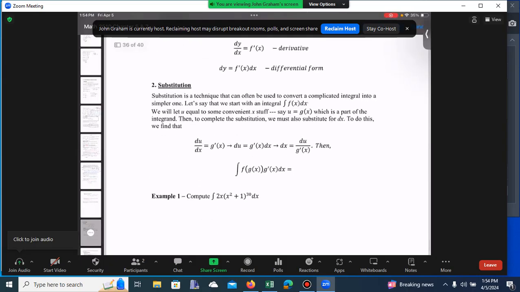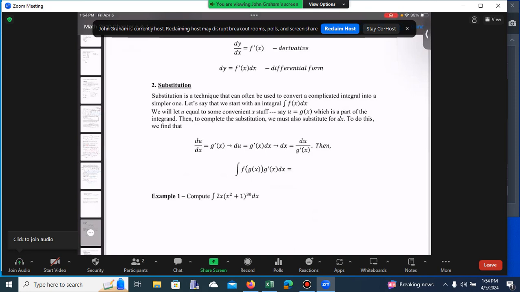Substitution is a technique that we use to convert an integral that's complicated into a simpler one that we can actually do. Let's say we start with the integral of f of x dx.